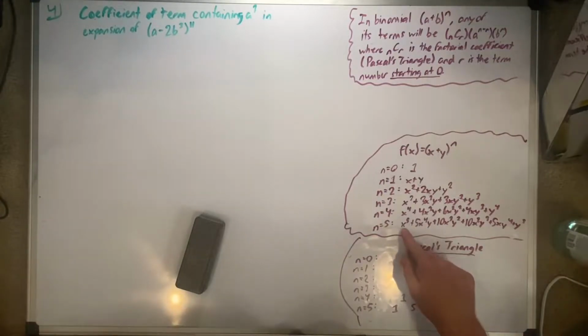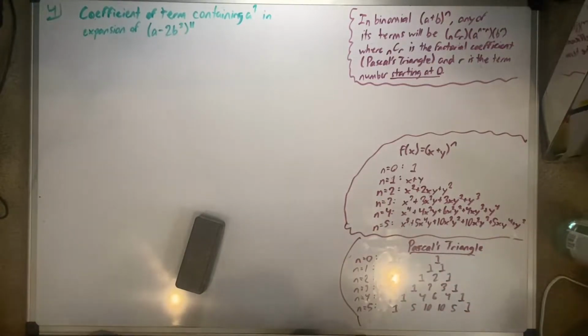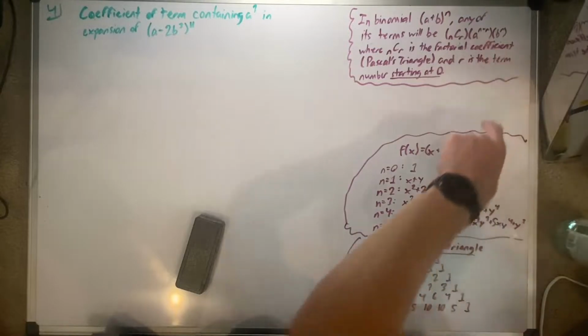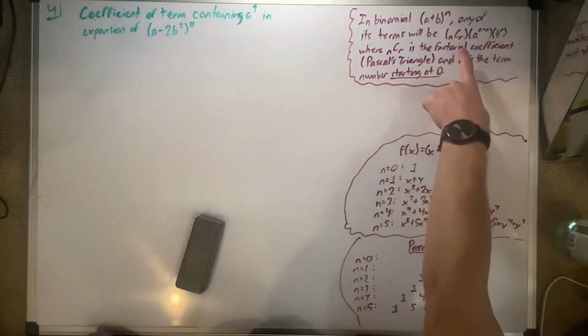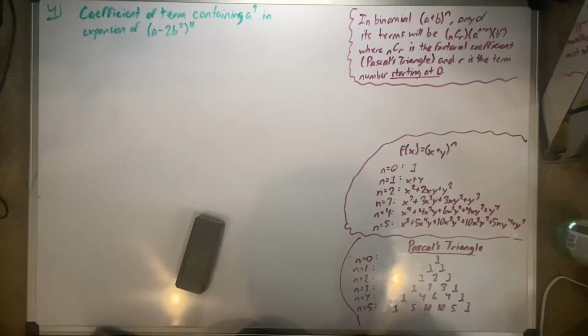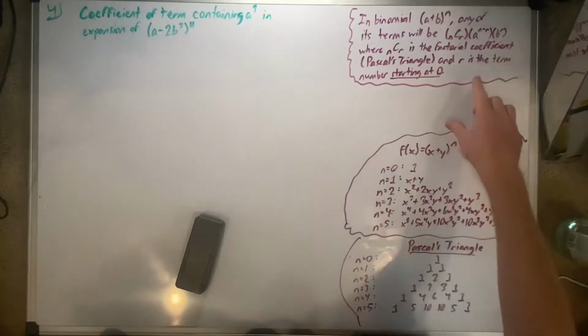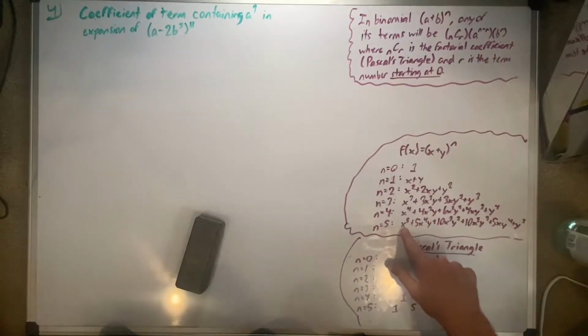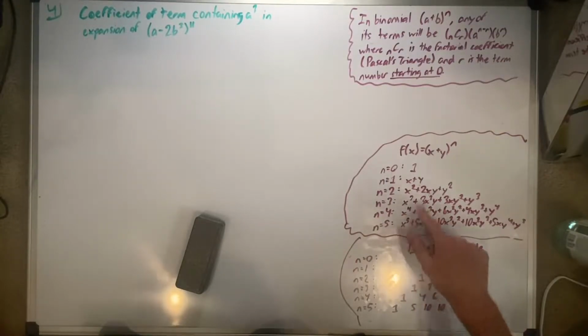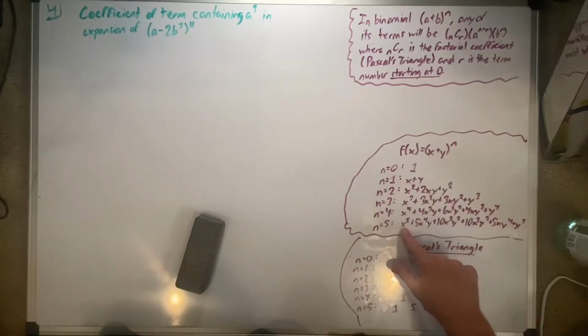Now, we don't count this first term as term 1. We count it as term 0, because otherwise this whole problem here would not make very much sense. So if we use this whole format here, ignoring the nCr for now, because that's some complicated stuff I'll get to later, we have a^(n minus r), so n here is 5, r would be 0 because it's the first term, so it would be 5 minus 0 is 5, so that's the power for the first term, x, which is 5.